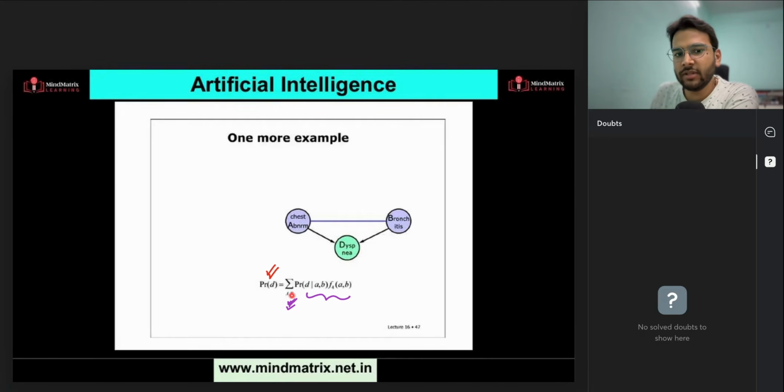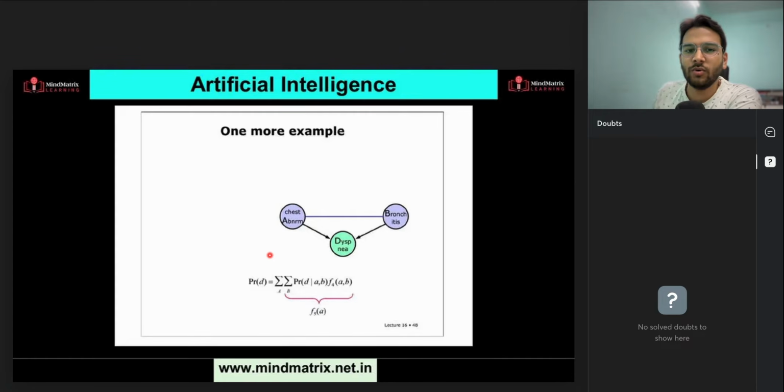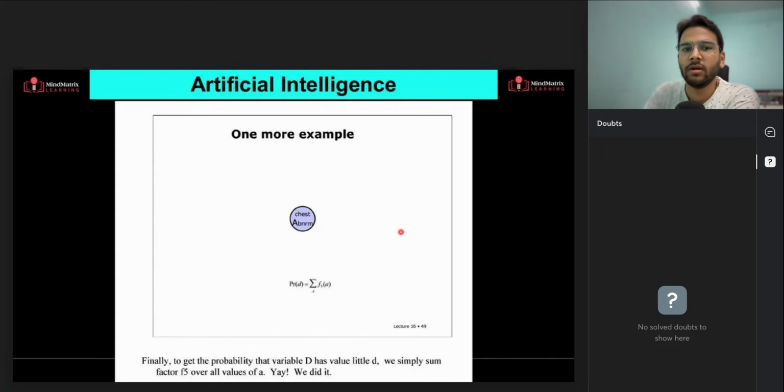So when we are summing over this b, ultimately we are going to have just f5 of a. That means whatever variable remaining apart from d, because we are already finding this d, right? So apart from d, we can have this f5 of a. Once you place this f5 of a, you are summing over b, so this b will be gone from the Bayesian network, and you have just this one, and this is the final one.